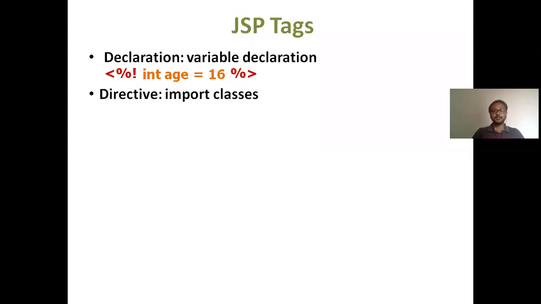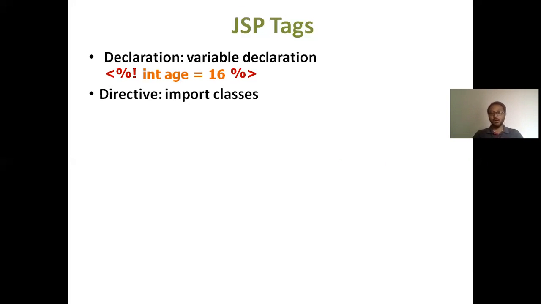Next, let us discuss what exactly is meant by a directive. The directive is also a special tag of your JSP, which is used to import some classes or packages. If you want to import some classes or packages to your JSP file, we will be using this directive JSP tag.